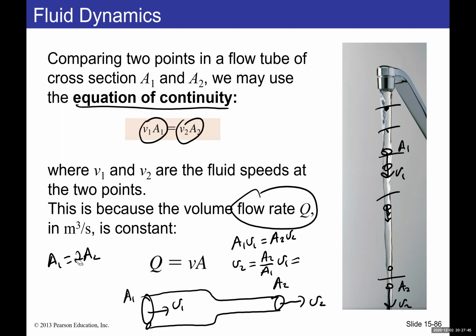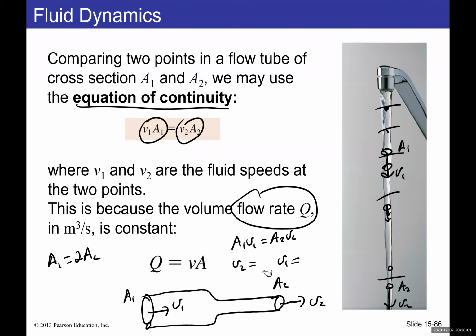Because A1 equals 2 times A2, it's 2 times A2 over A2 times V1. The A2's cancel out, then I get 2 times V1.